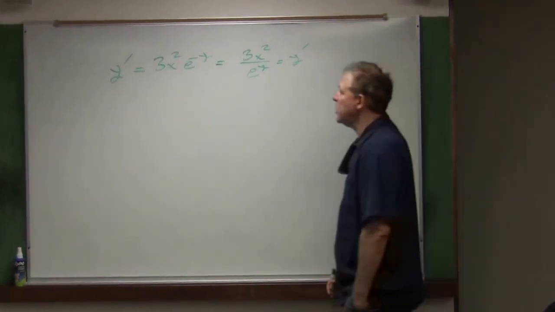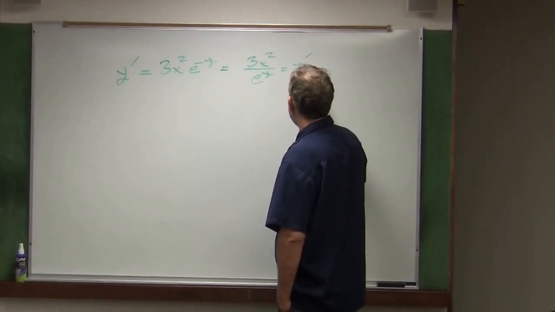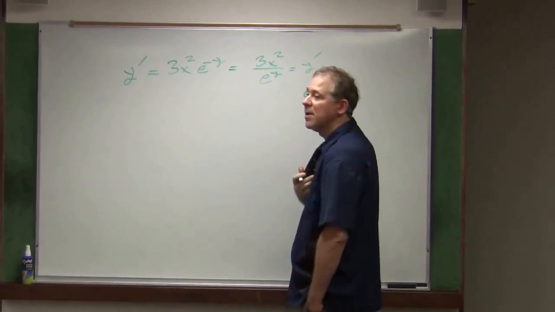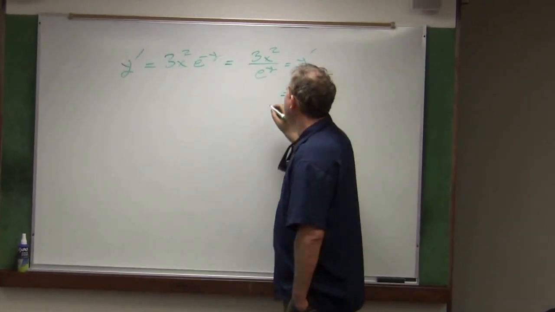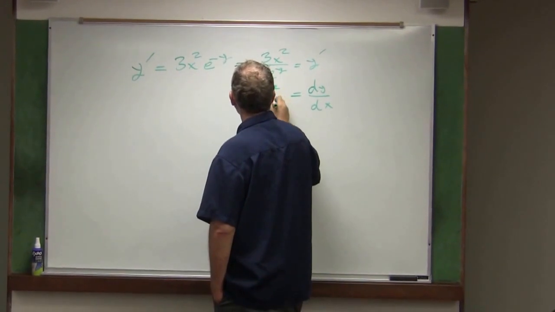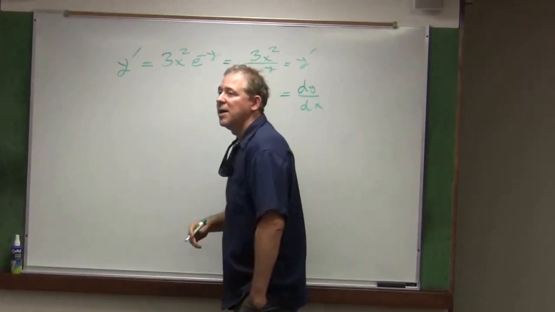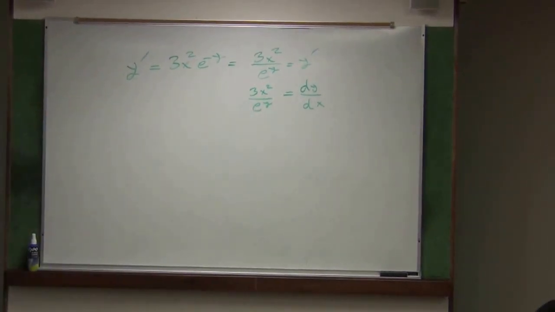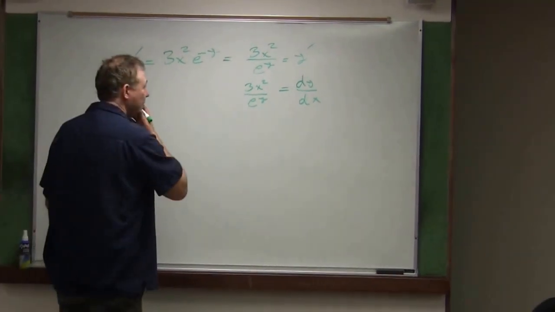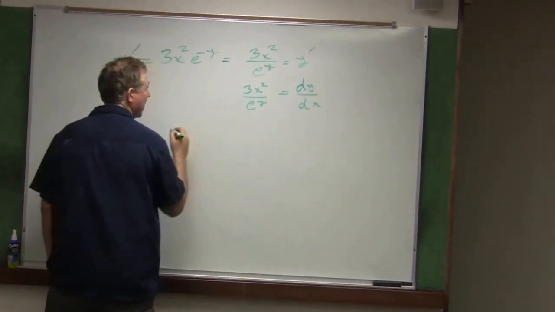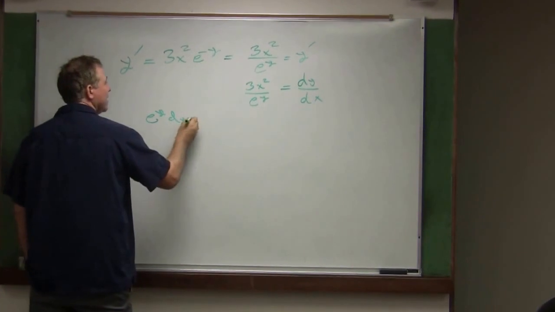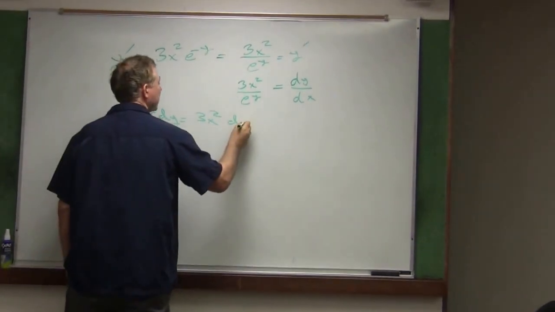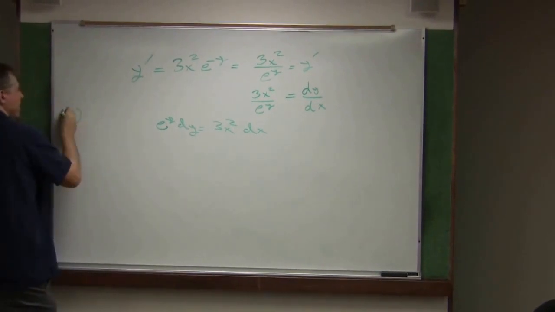So I'm going to use the notation dy over dx instead of y prime, a convenient notation for the derivative, and set that equal to 3x squared over e to the y. Then I separate and anti-differentiate. Separating, I get e to the y dy is equal to 3x squared dx.